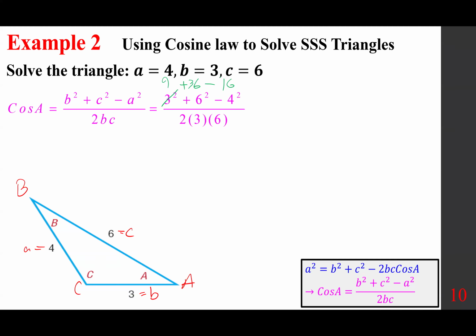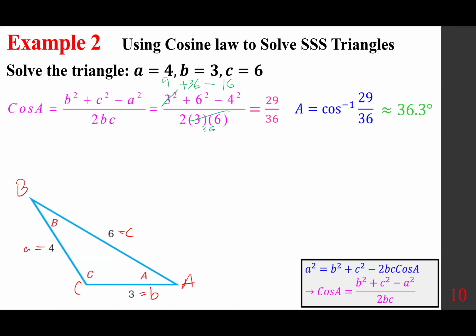So the numerator is 29. 2 times 3, 6 times 6, 36. So A is cosine inverse of this number, which requires a calculator to find the answer. That gives you 36.3 degrees using a calculator.